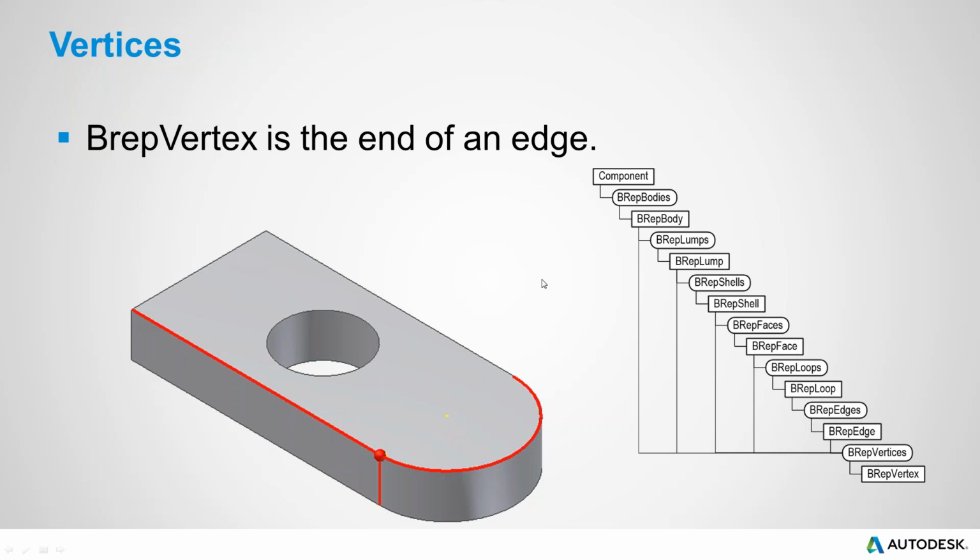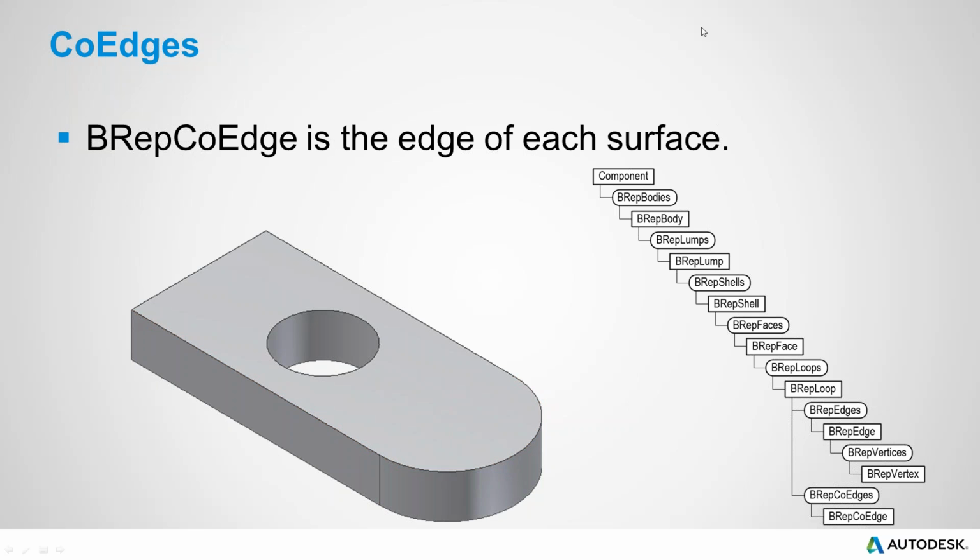And then there's one other concept that's not used that much, but I want to talk about it, which is what's called a CoEdge. In the API, a BREP CoEdge.